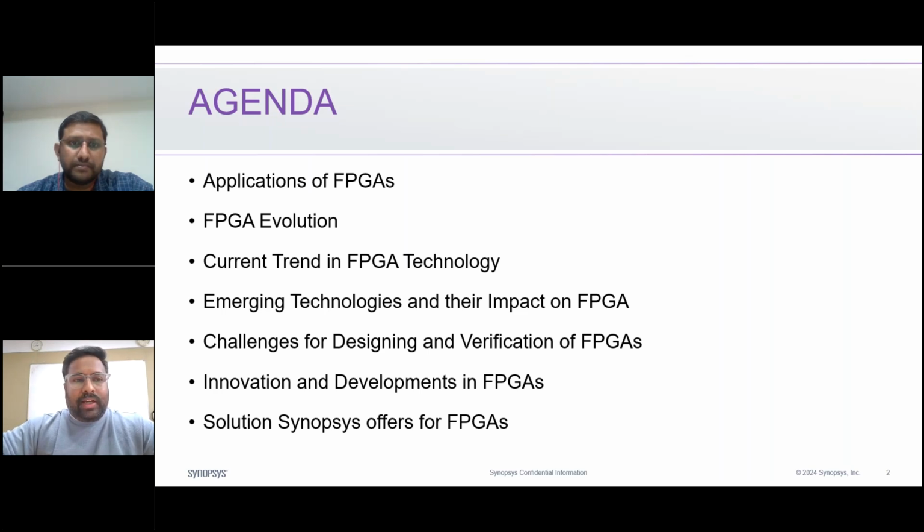So here is the agenda for my talk today. I will start with the applications of FPGAs, where FPGA has been extensively used.